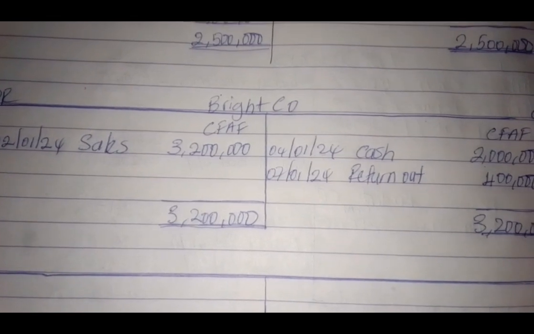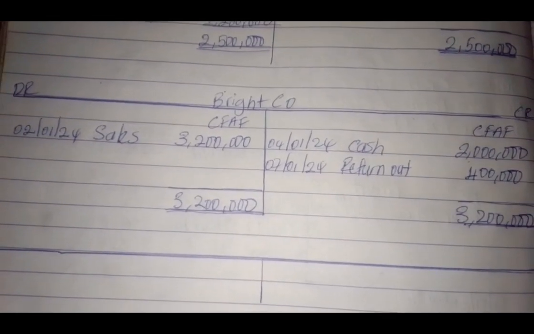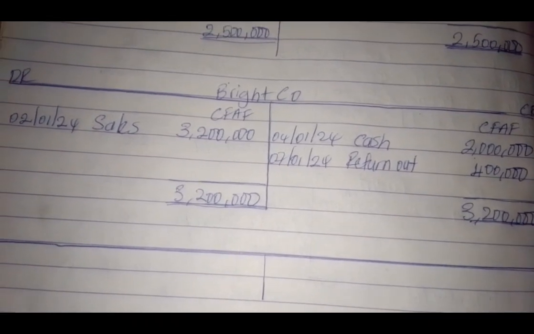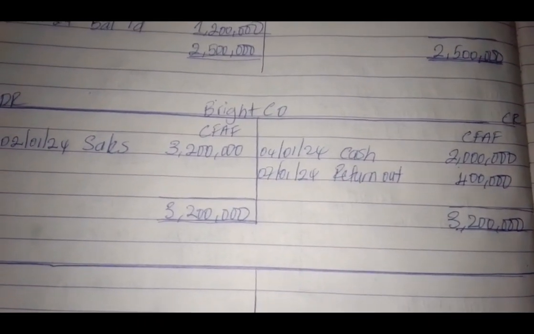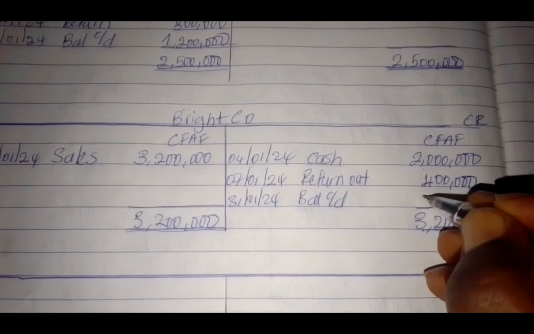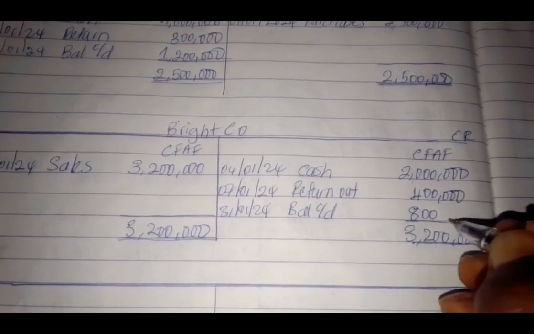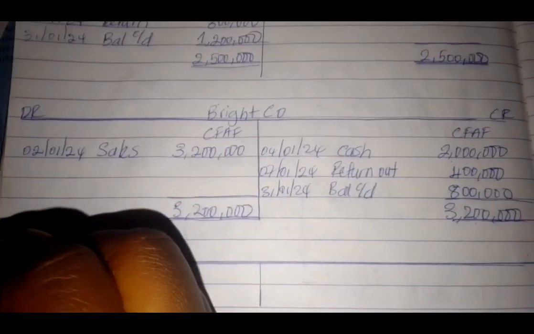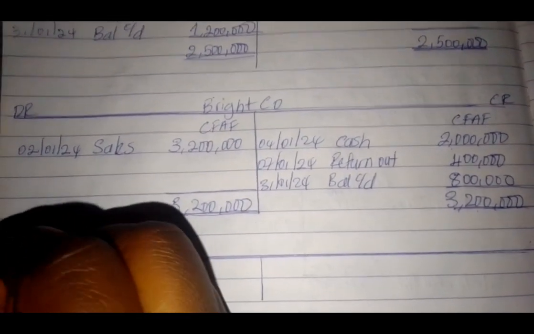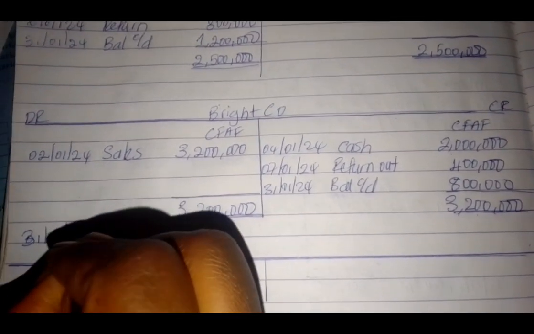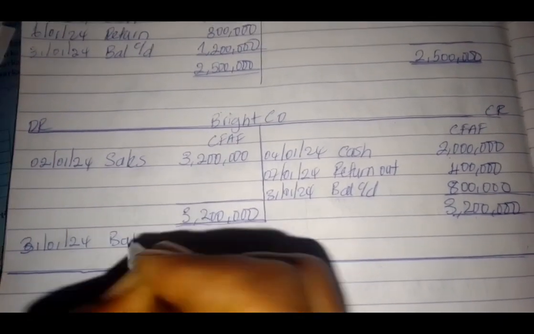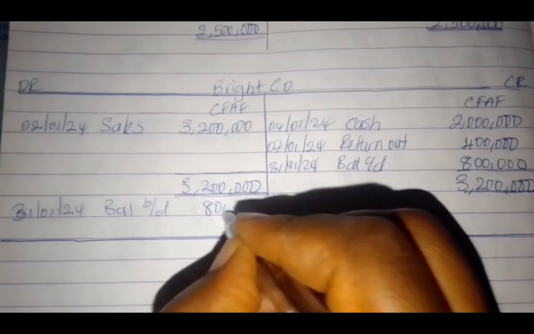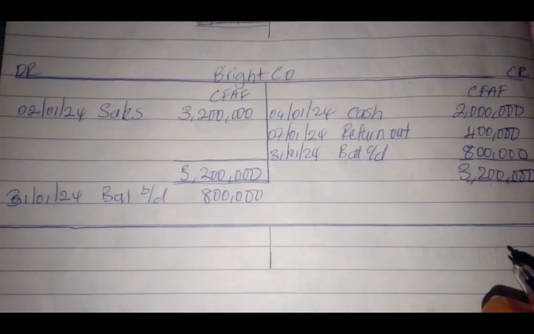Then we add the credit side, we have 2,400,000. So if we are to look for the balance carried down, it will be 800,000. All right, you need to carry this balance on the debit side to show that it is a balance that will be carried forward. You put here balance brought down, 800,000. This is the balance that will be carried to the trial balance.